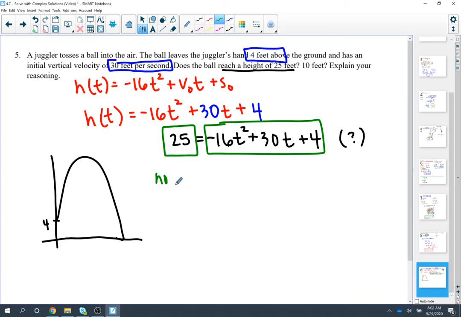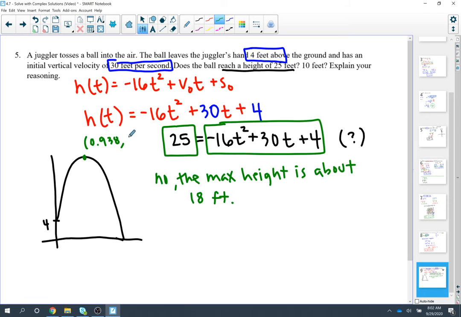I'm going to write no. The max height is about, and I'm going to specifically say about because this is rounded, 18 feet. If I look at my graph here, I could say that this is at 0.938, comma 18.063, and then I could do a little arrow so that my explanation also comes with a picture so that my teacher knows what I'm talking about.